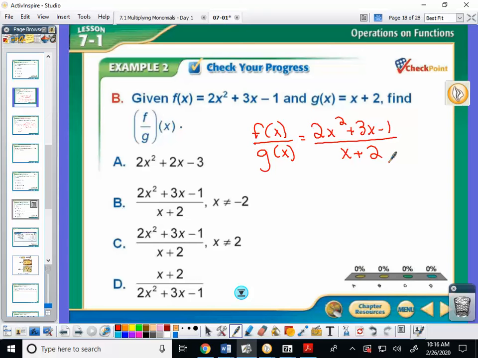I don't need you to further simplify that fraction, that division, that's all you need to do, but I do want you to tell me the value of x that would make the denominator 0. Can you look at this and tell me what x should not be? Negative 2. Just put a comma and I'll say that x should not equal negative 2. And again, if you're not sure how to get that, just set your denominator equal to 0 and solve.